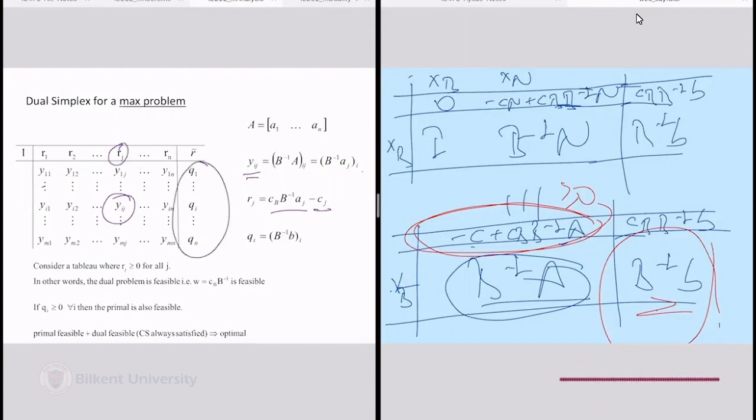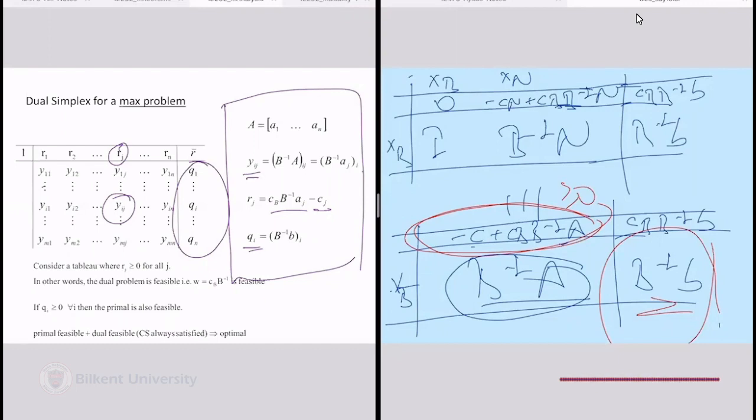This is my B inverse b. It's written for every constraint, so it has an entry again, which I'm going to name QI, the ith entry of B inverse b. Keep these in mind because we're going to utilize them in the dual simplex algorithm.